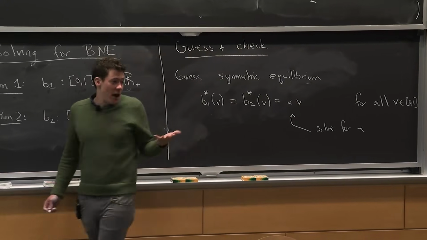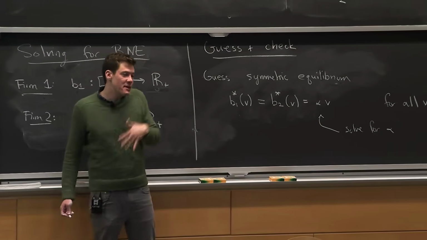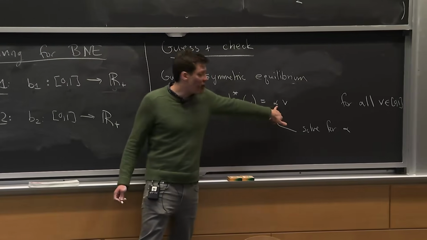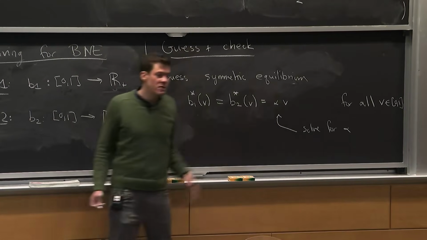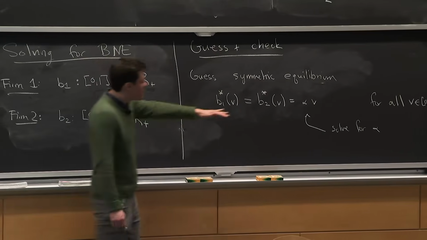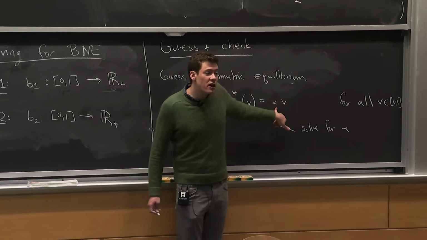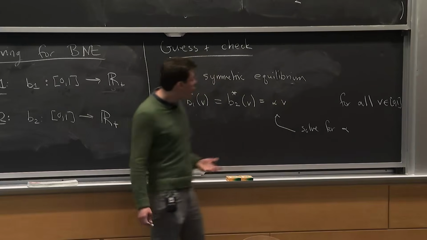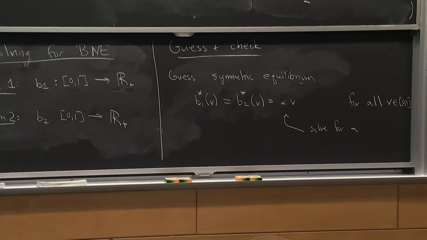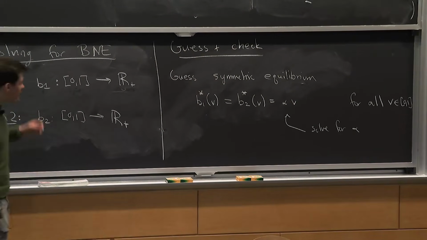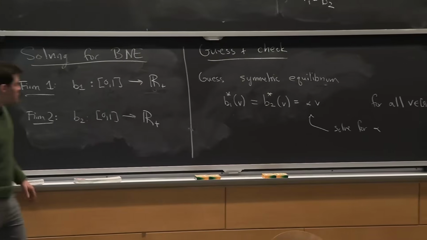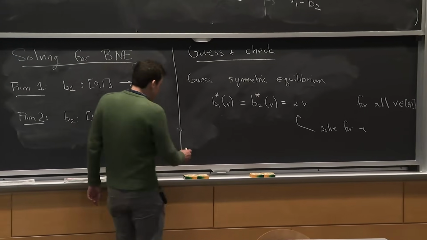You can't bid negative amounts, and we think it should be increasing in your value. So it makes sense for alpha to be non-negative, or really strictly positive. So in general, the idea is you're going to get some value V, and instead of bidding your true value, you're going to bid some fraction of that value. And our goal is to solve for that alpha. So step 1 is our guess, and step 2 is we're going to check that this is actually an equilibrium.